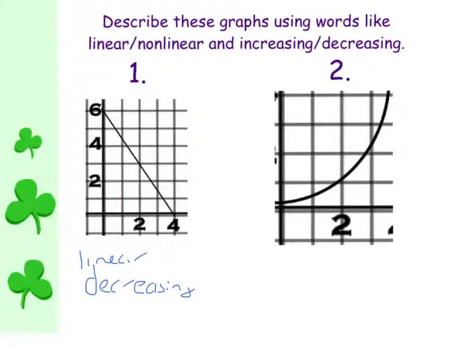Where the second graph does not make a straight line, there is a curved line. So it's not going up at a constant rate. So it is nonlinear, but it is going up. So it's nonlinear and increasing. Increasing going up, decreasing going down.